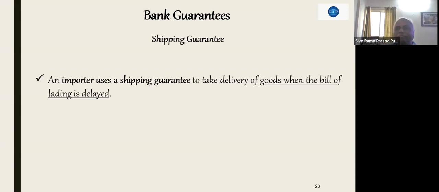Bill of lading: particularly the shipping authority will issue it when the goods are carried by the ships.